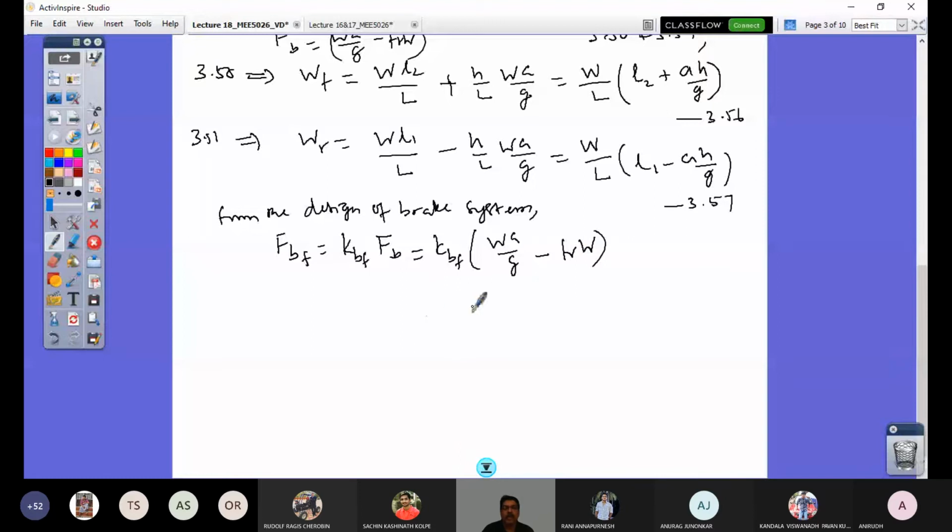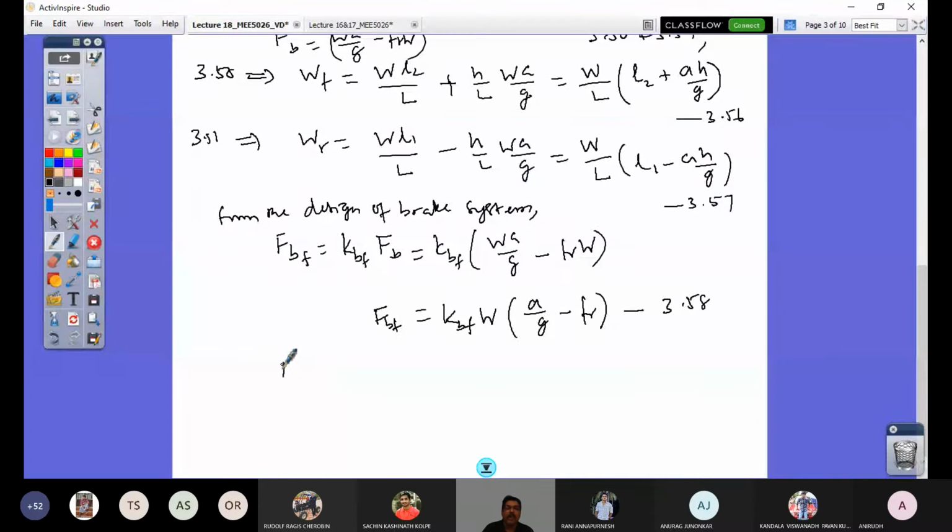So I can take W out again. So I can rewrite this as KBF into W, within bracket A by G minus FR. That's my equation number 3.58 as per the textbook. That's my FBF.